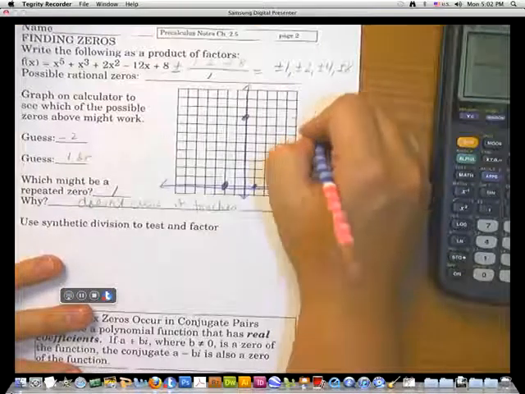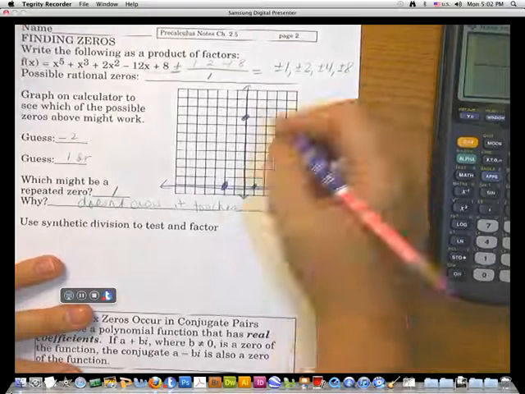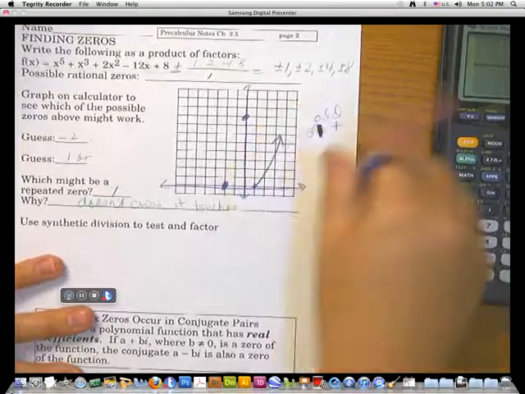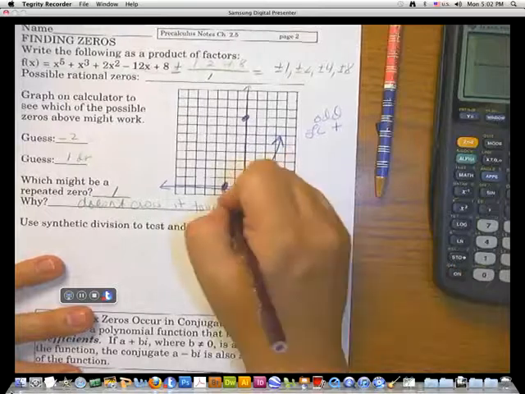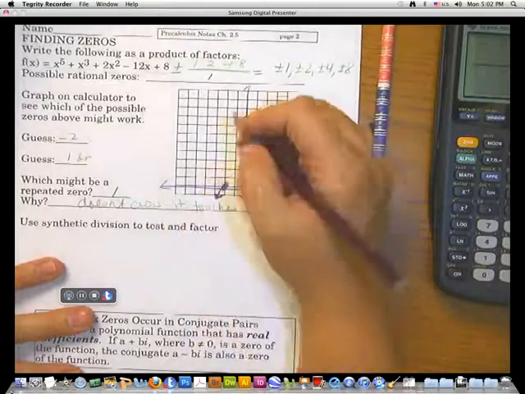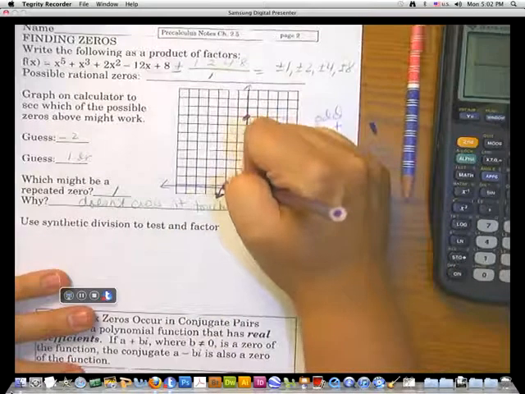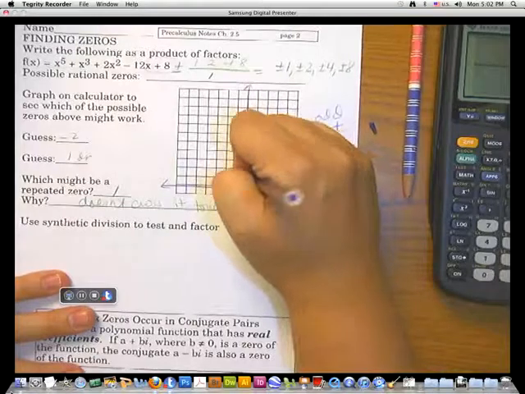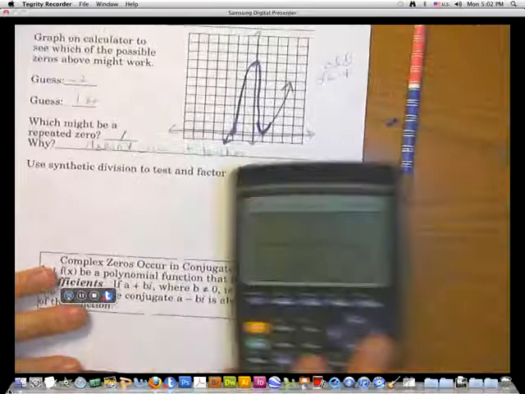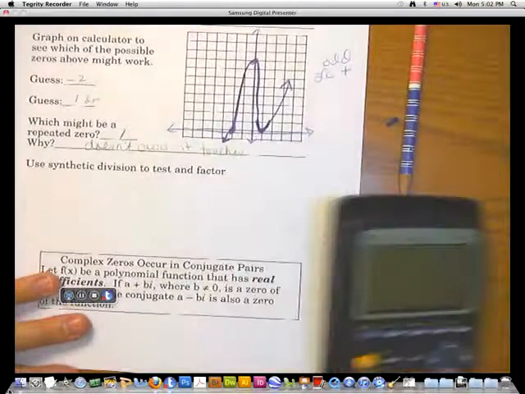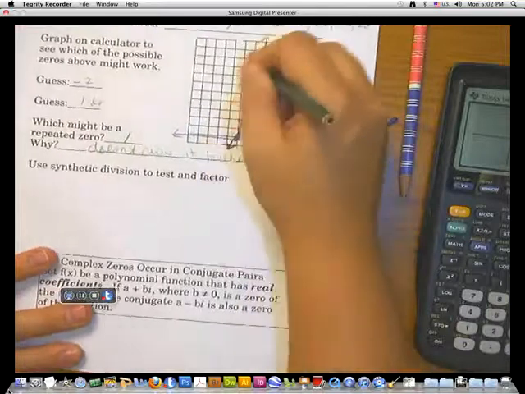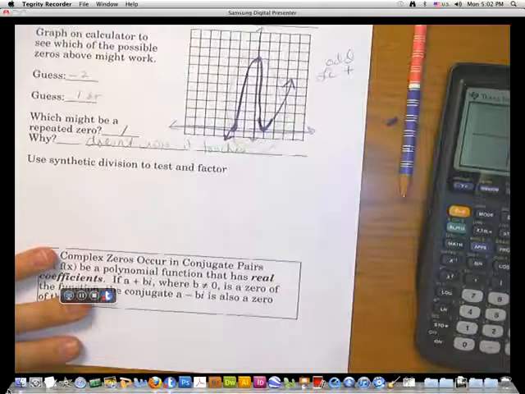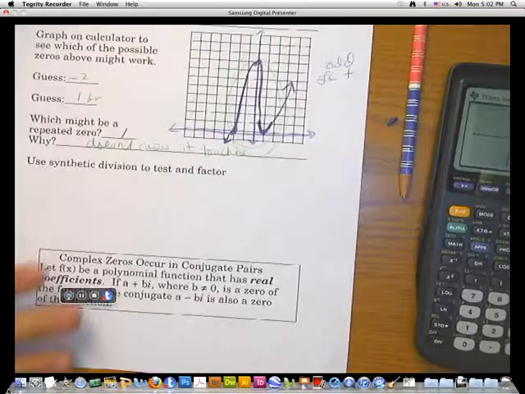The degree is odd, and the leading coefficient is positive, so I know it's going to end up but start down. This we think is a touch. So something like that, of which we already kind of graphed it, so we had an idea of what that is. Just keep in mind all of this stuff comes from what we learned a few sections back.